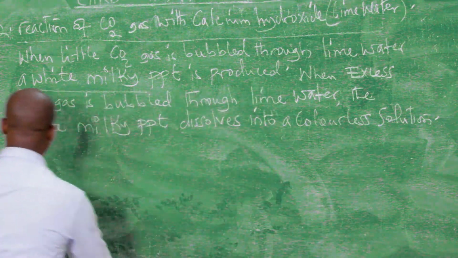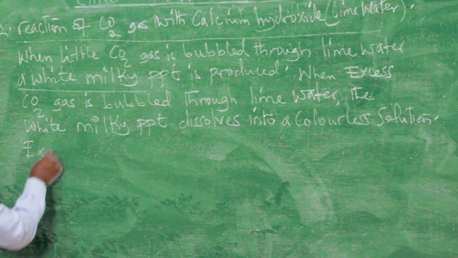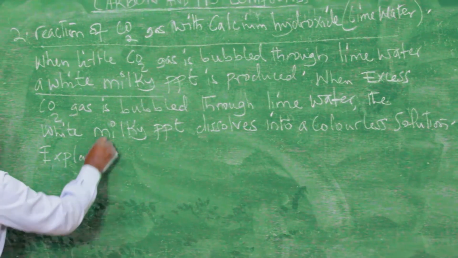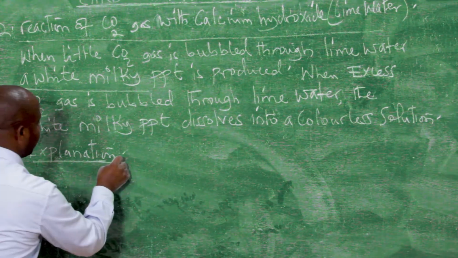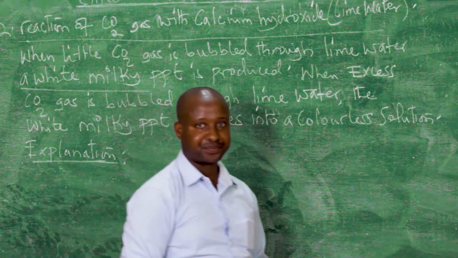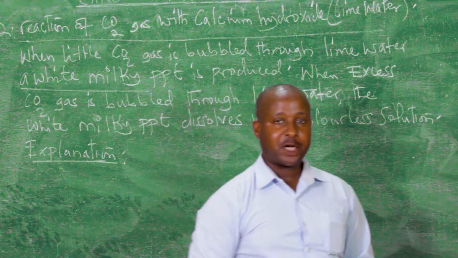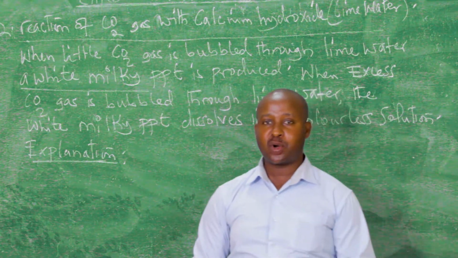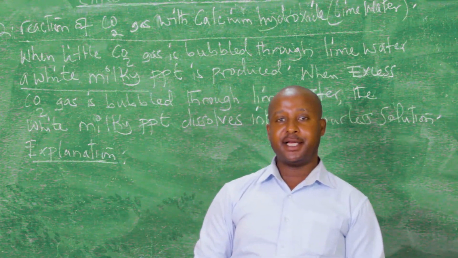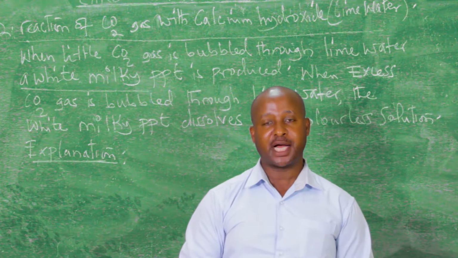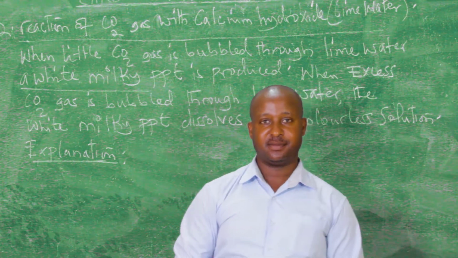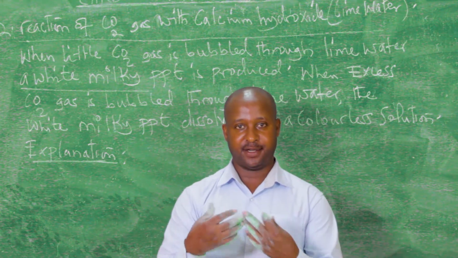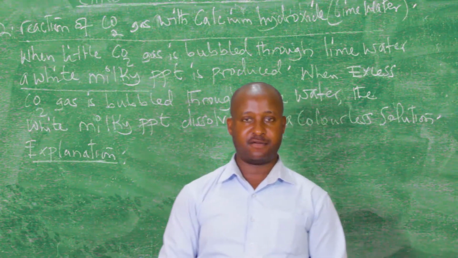Let's look at the explanation for this chemical reaction. When little carbon dioxide is bubbled through lime water, a white milky precipitate is produced. Why do we observe this?